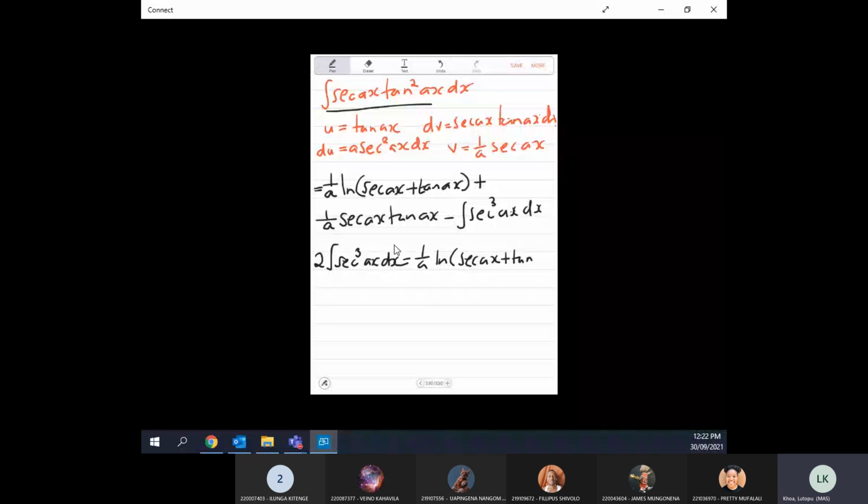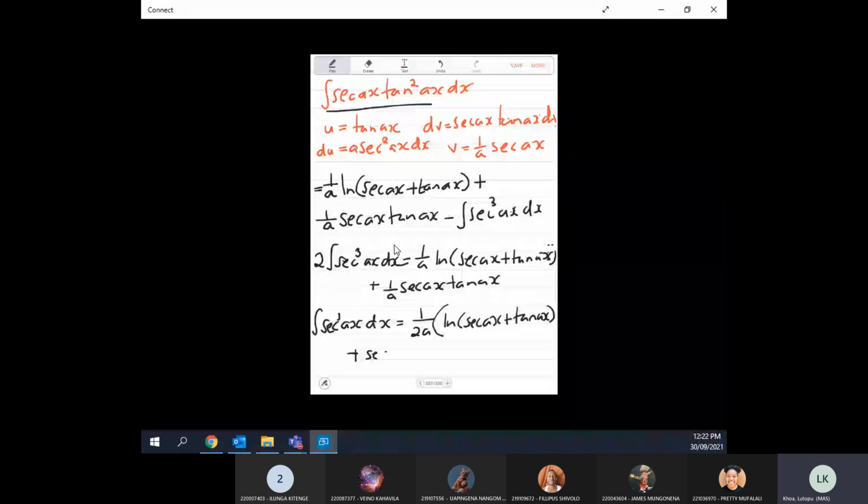So the integral of sec to the power of 3 of ax dx is 1 over 2a, this whole thing in brackets, ln of sec ax plus tan ax plus sec ax tan ax, and then we add our constant of integration.